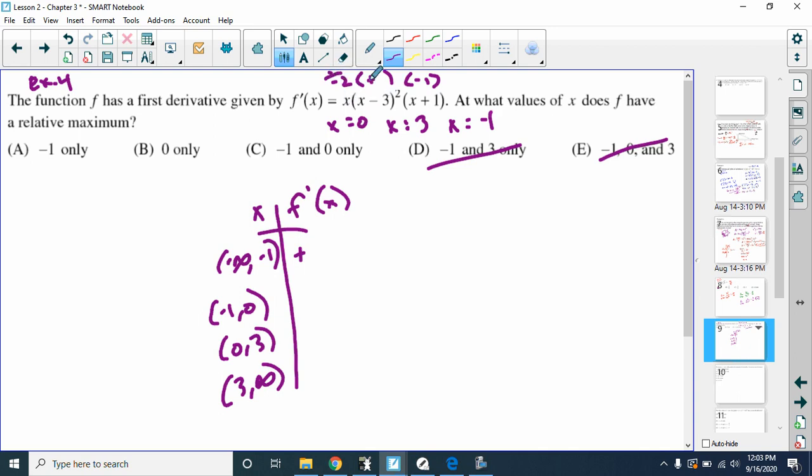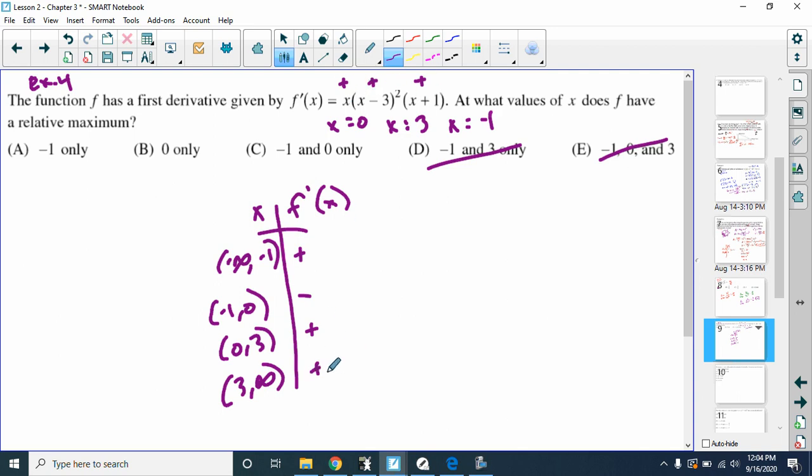Something squared is positive. -1/2 plus 1 is +1/2. Negative times positive is negative times positive. If you plug in 1, that would be positive, positive, positive. And notice if you plug in 4, that would be positive, positive, positive.